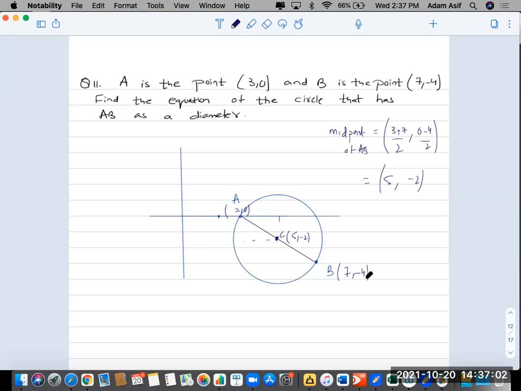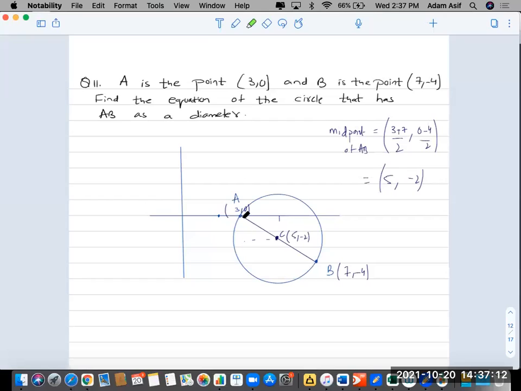Now, how do I find the radius? In order to find the equation of a circle, I need the center as well as the radius. So how do I find the radius? Find the length of AB and divide by 2, that's fine. Or you also have the center, so find the length of AC, right? Whatever works for you. So you can find the diameter. The radius is going to be half the diameter.